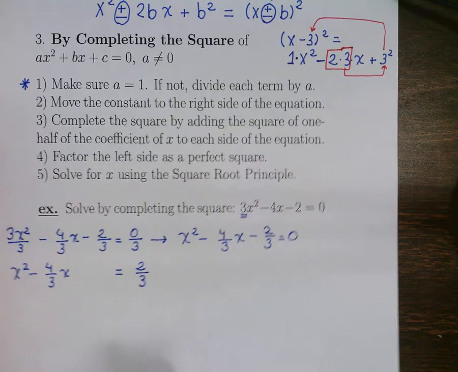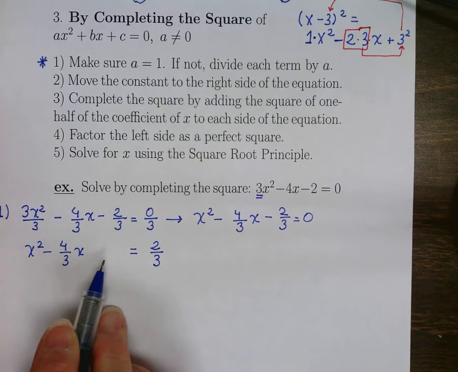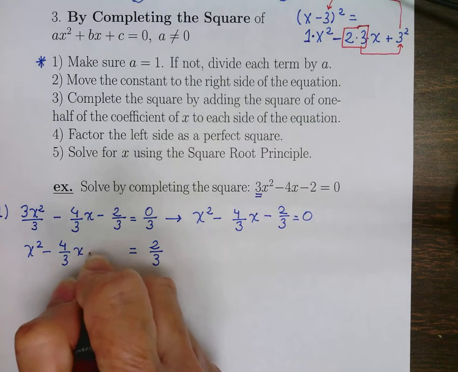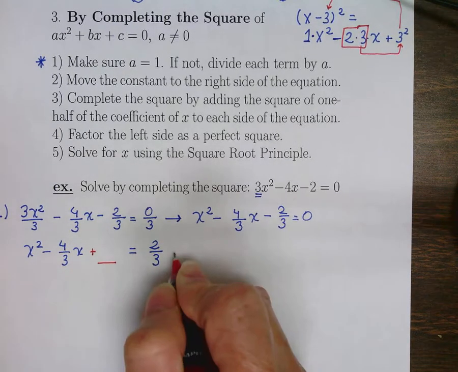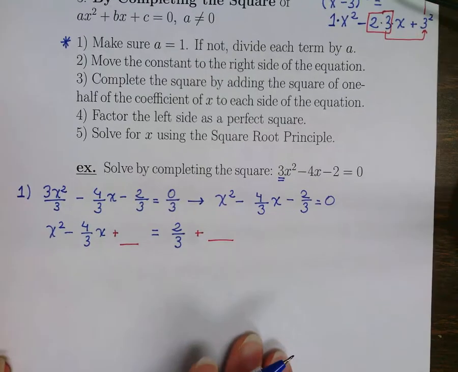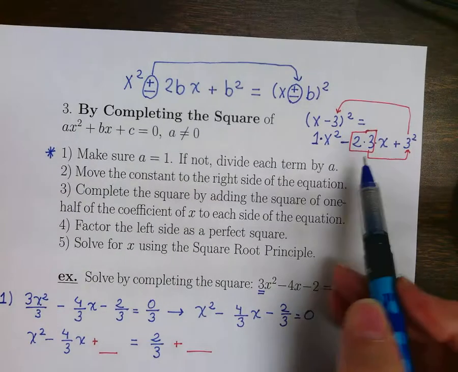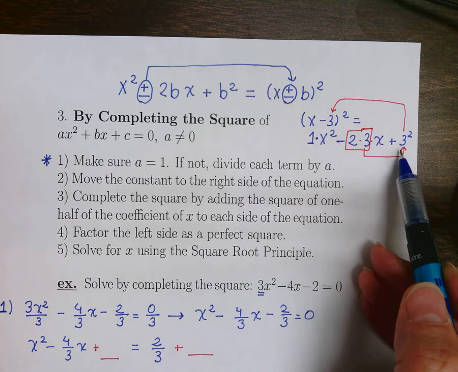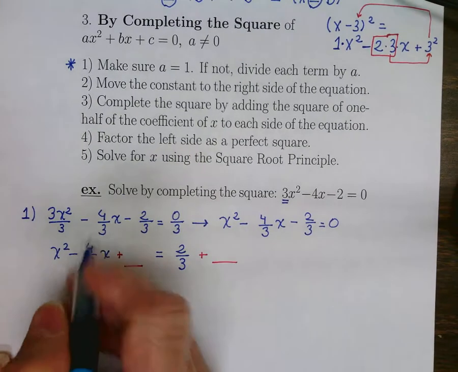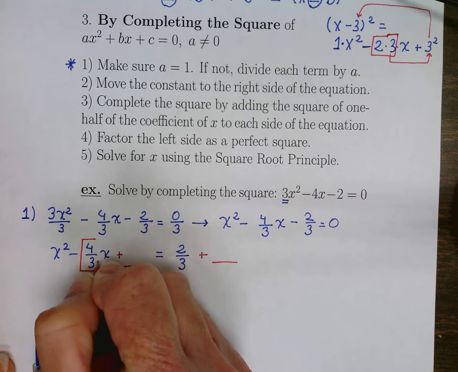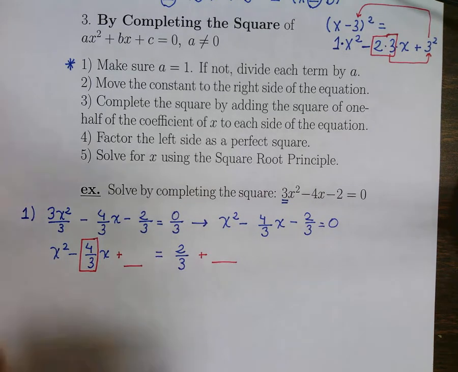Okay, everyone with me on that? Now, notice I left a space here because I want to figure out what do I need to add to complete the square. And remember, if I add it to one side, I'll have to add it to both. So how do I determine what to add? I go back to our process. Remember, the middle term is twice what you add and then square. So let's see how that works. We look at the middle coefficient, the coefficient of the x term, and it's 4/3, and we take half of that.